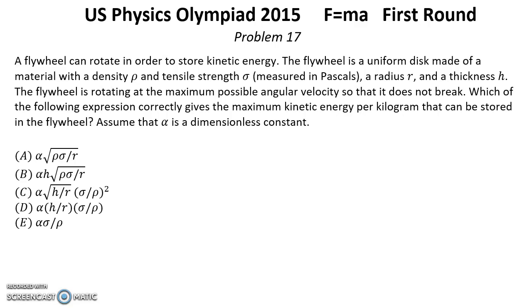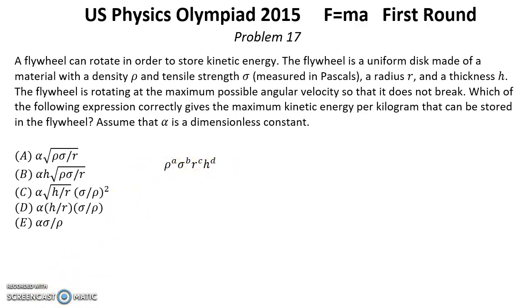Solution. In this problem we have to use dimensional analysis, and for that we have to find the exponents for this expression, which should give us energy per mass units. So it means that we have to insert their dimensions instead of these variables.